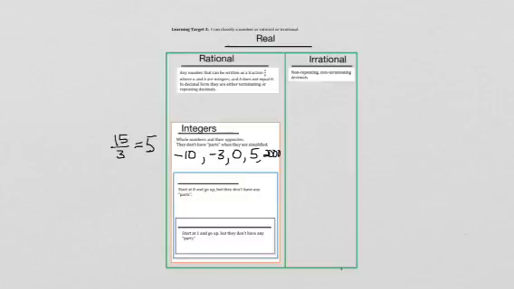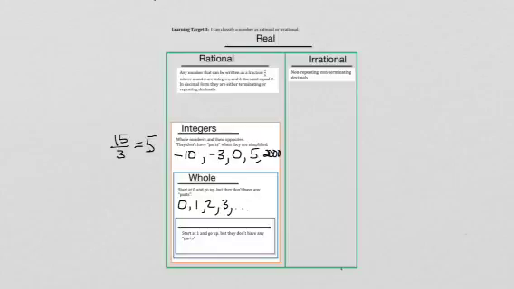Moving on to the next category in blue, numbers that start at 0 and go up but don't have any parts. So we're talking about numbers 0, 1, 2, 3, and that goes on forever. Those are called whole numbers.